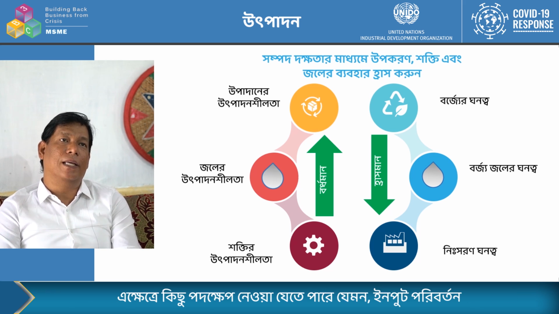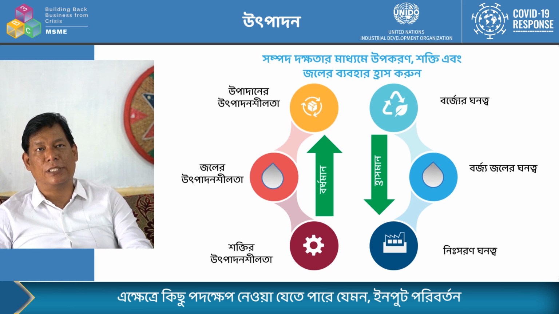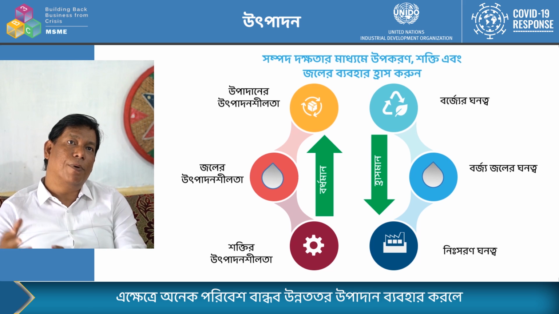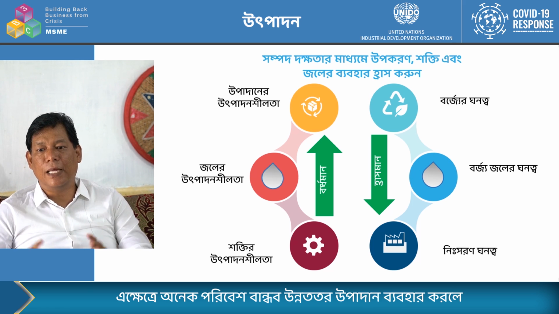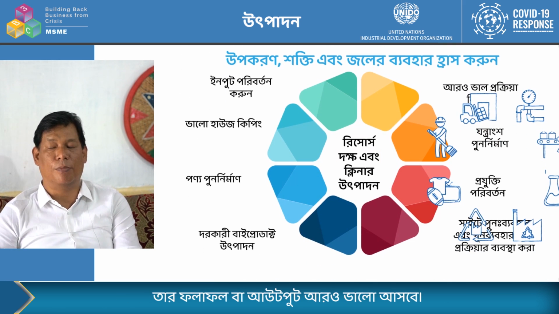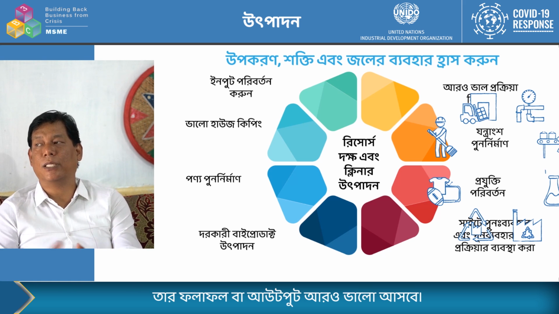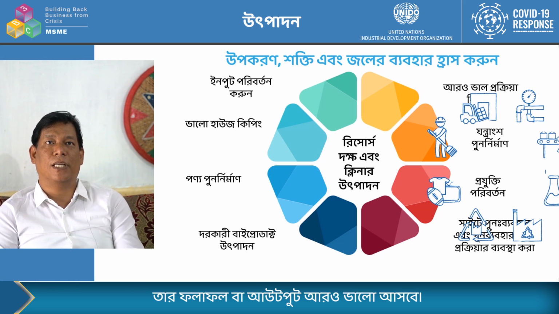While implementing resource efficiency measures, there are a few very important factors which can be considered. For example, input material change. If there is a more effective or efficient material which can be used, or probably a more environmentally friendly material, that should be explored. That can give you a lot of saving.